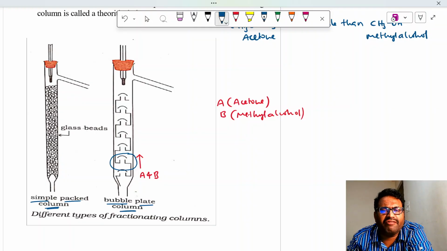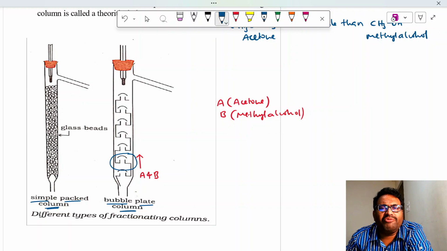In this equipment, when A and B are moving up, there will be exchange of heat. Some heat is given to these plates because they are touching. When heat is transferred, automatically both A and B get cooled, meaning their temperature decreases. When their temperature decreases, automatically they get condensed.